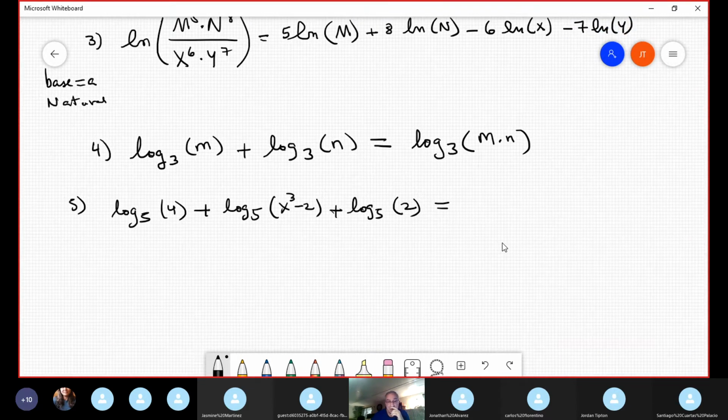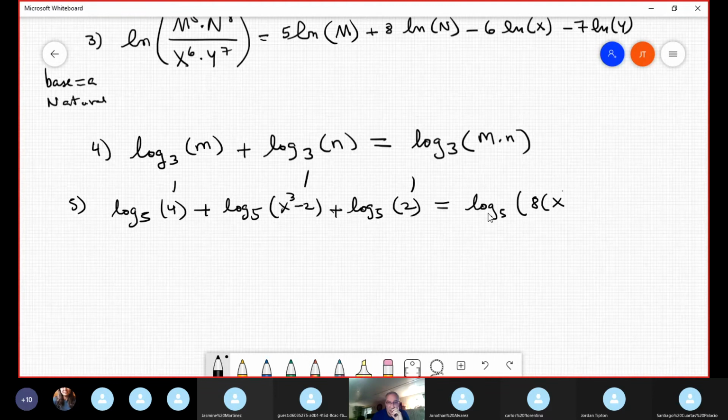Again, it's 3 logarithms. It's plus, so it's multiplication. You write only one word, log, with the same base 5, and you multiply everything. This guy times this guy times this guy. This guy and this guy are numerical values. 4 times 2 is 8. You open another parenthesis, and inside the parenthesis we have x cubed minus 2.